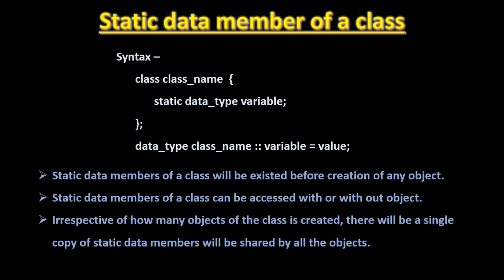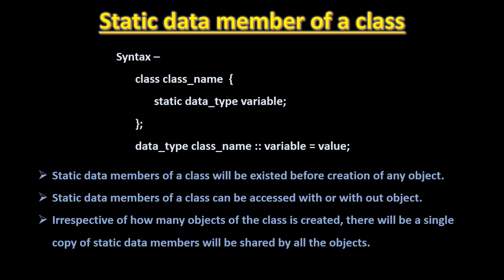Static data members of a class can be accessed with or without an object also. Since they are not part of the object and their existence is tied with the class, you can access the static data member with the class name, or by using the object also. Two ways you can access it.